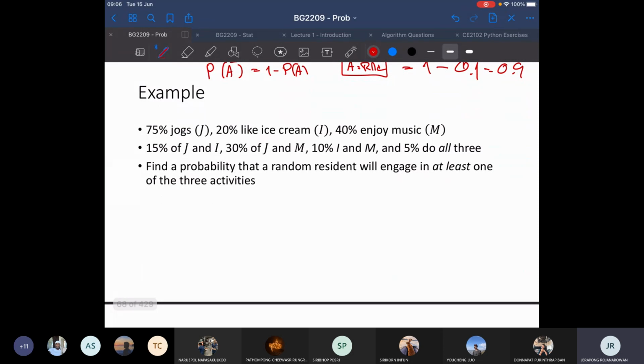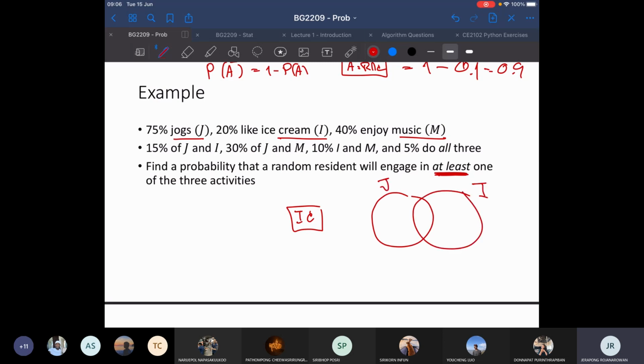Okay. Why don't you do this one? This one asks you two questions. Find the probability that a random resident will engage in at least one activity. You have three activities: jogging, ice cream, music. So you're going to do it like this: jogging, ice cream, music, right?